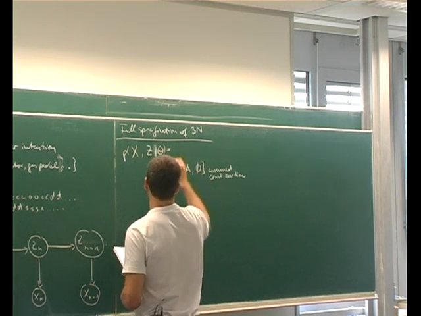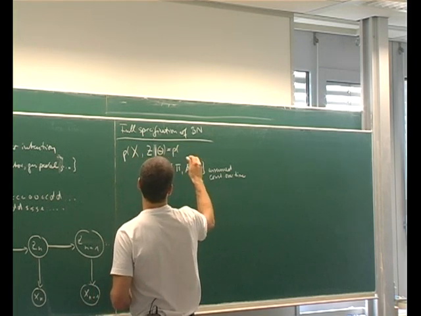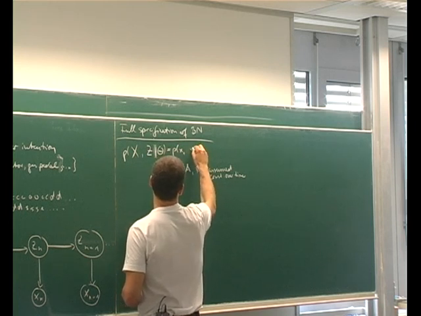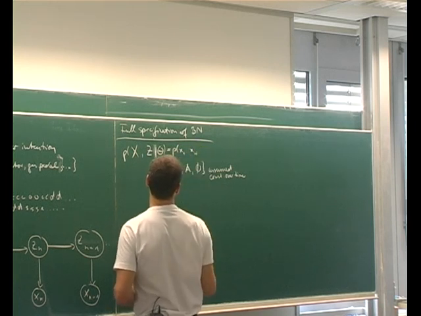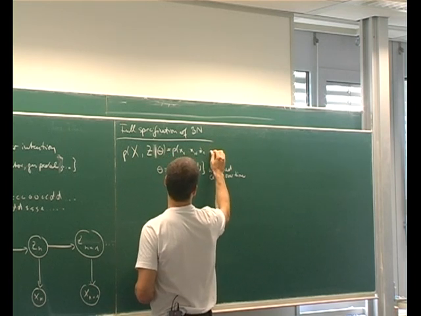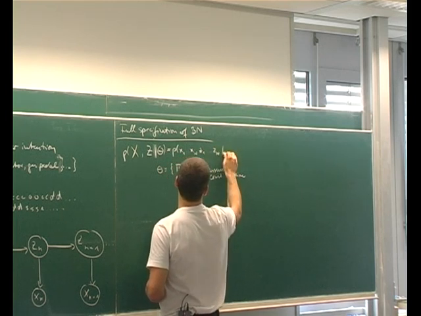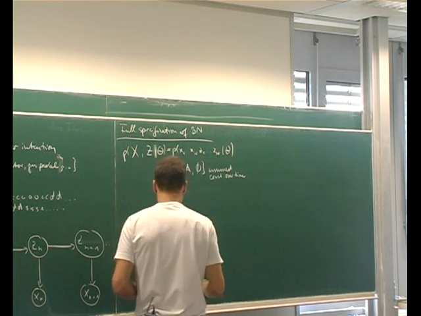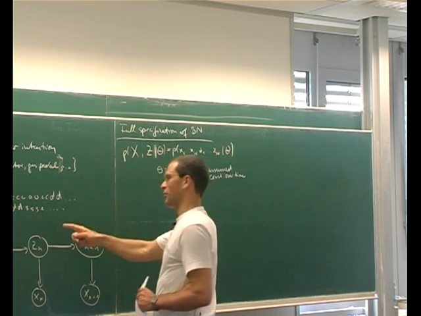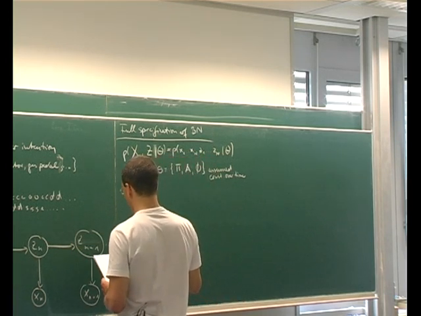Okay, now this probability, just to be more explicit, capital X means all observations from the first to the last. Capital Z means all hidden states from the first to the last. And now we can invoke all these conditional independence relations that are expressed in this very sparse graphical model.